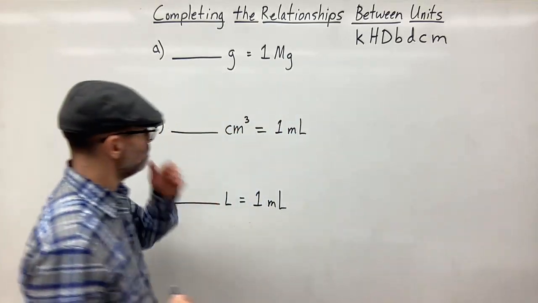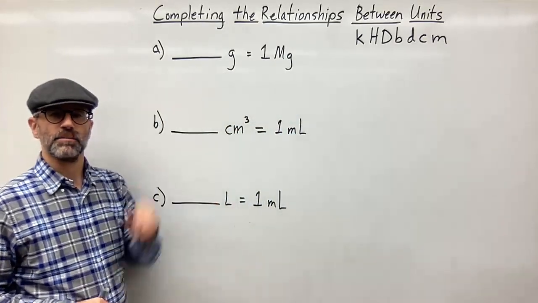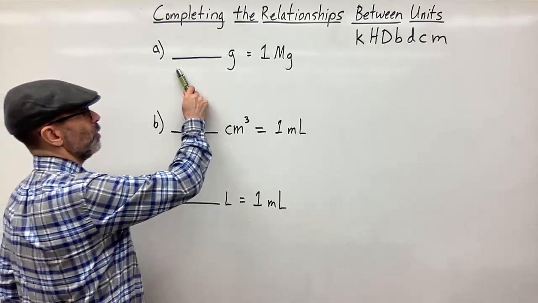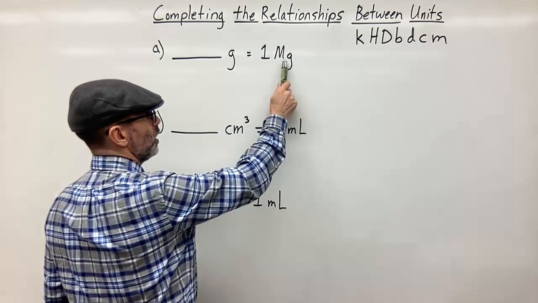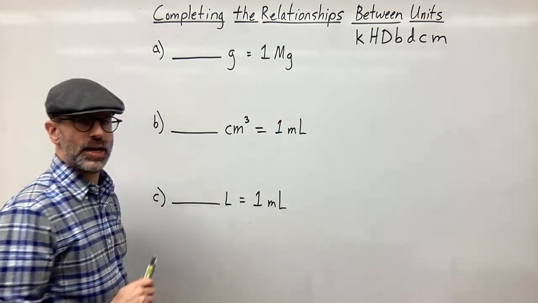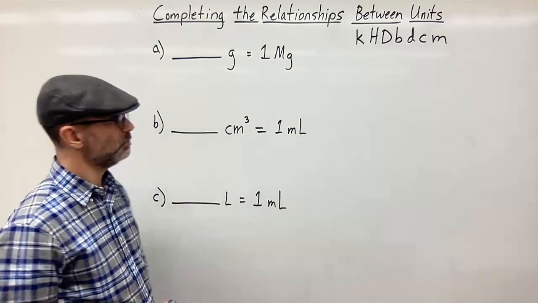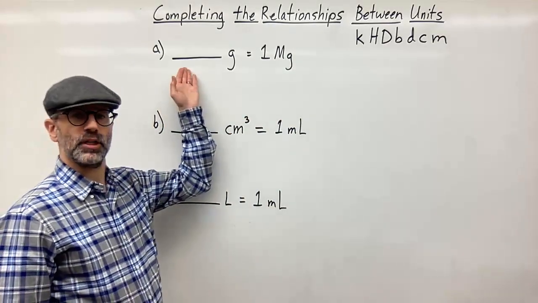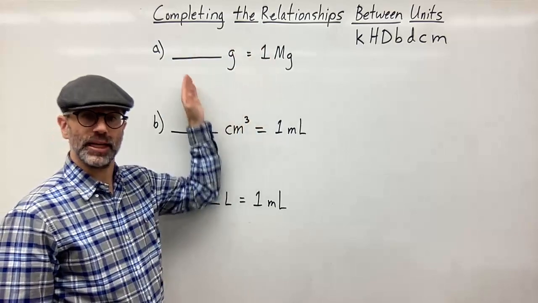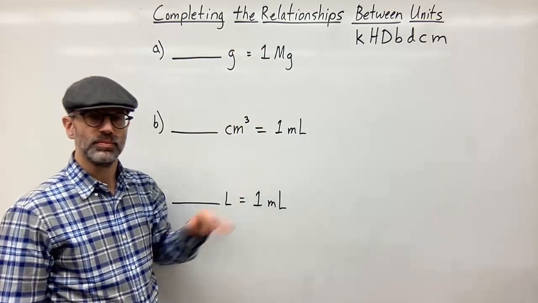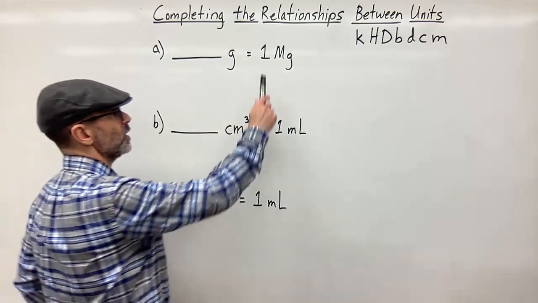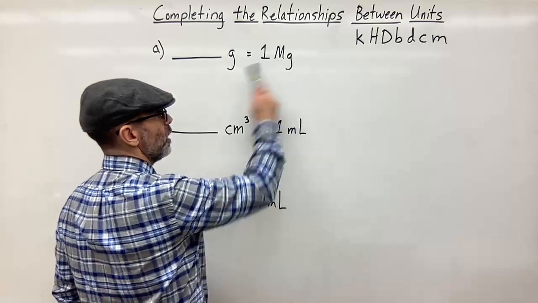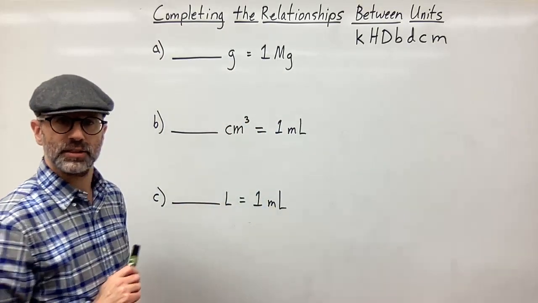So here, let's look at A. Here I have grams equal to 1 megagram. Capital M is mega. I need to fill in the blank to complete the relationship so that it's true. Here I have 1 with the unit that has a prefix.